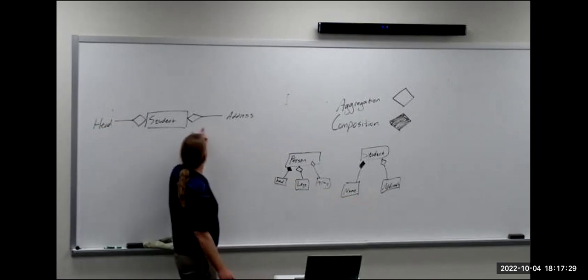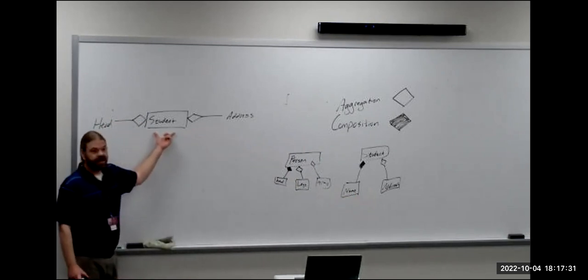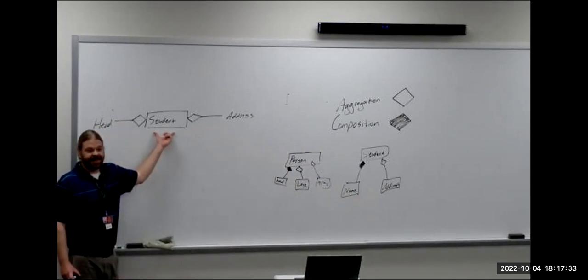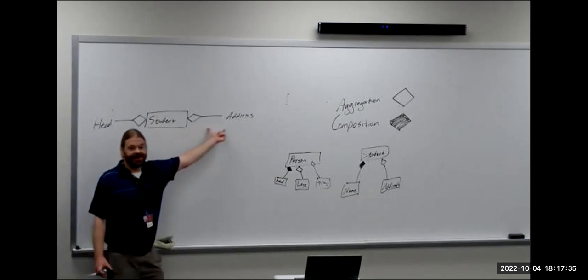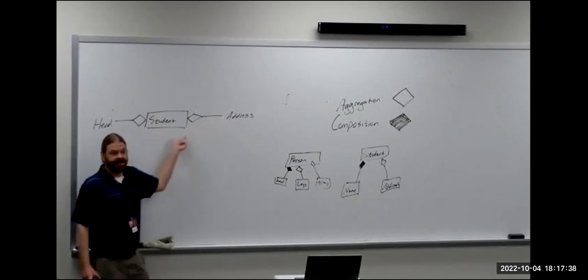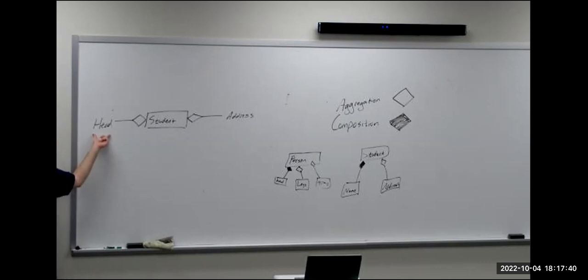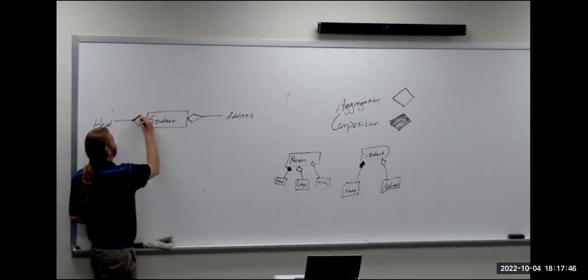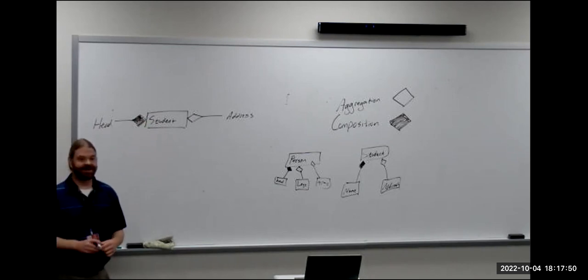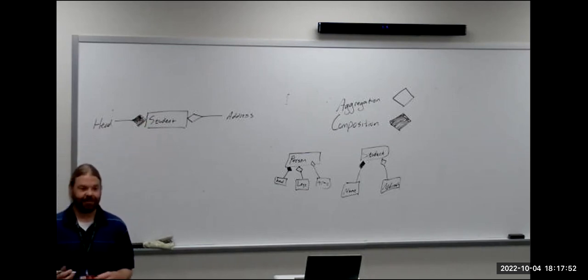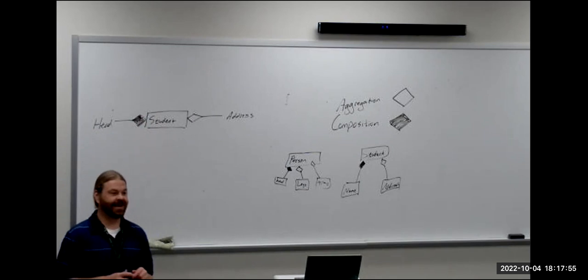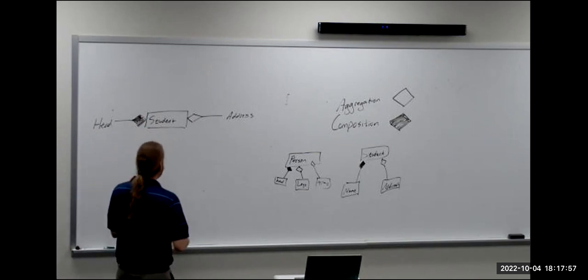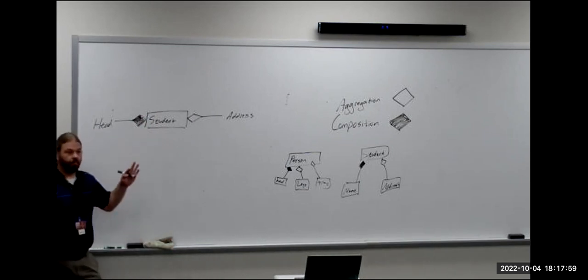If we look at the central part, if this way makes more sense in your mind, what can the student exist without? The student can exist without an address, but the student's not going to exist if we decapitate. This one's a much more important relationship. We can kick them out of their apartment and they'll still survive. If we cut their head off, they're definitely not going to survive. Different ways to view that.